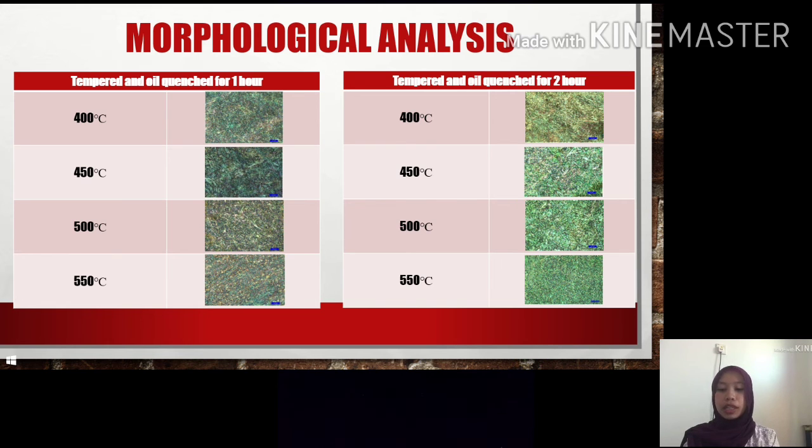Besides that, different temperature and time parameters give precipitate and ferrite growth. The growth in size is observed with higher tempering temperature and longer tempering time.